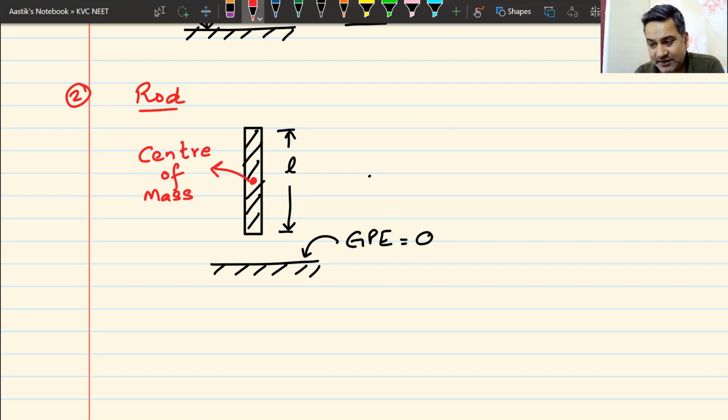Now, what is the center of mass? We will come to know in the next chapter. Don't worry about it. Right now, the center of mass will only be the center of the rod.